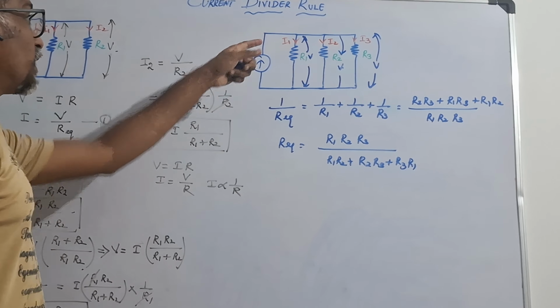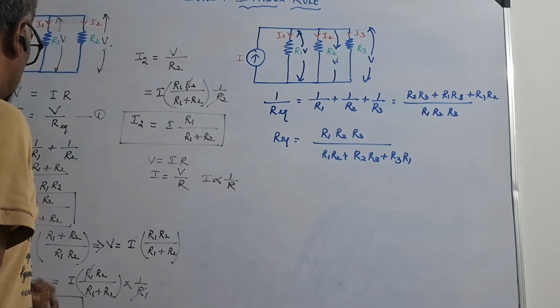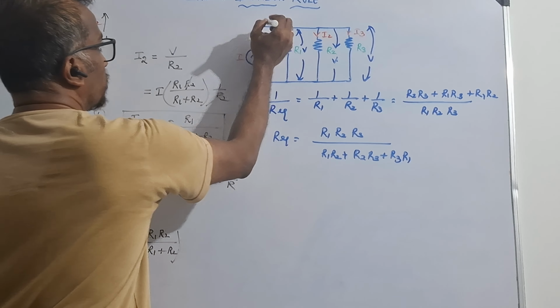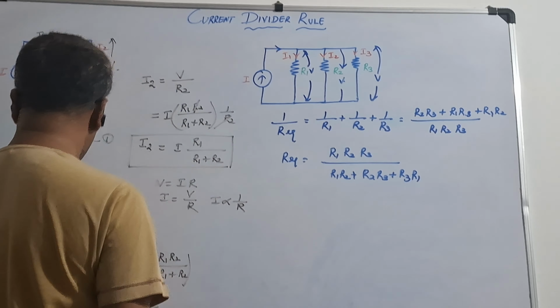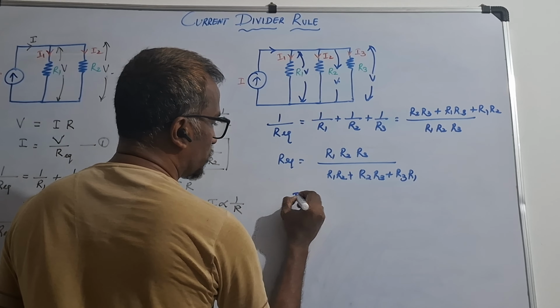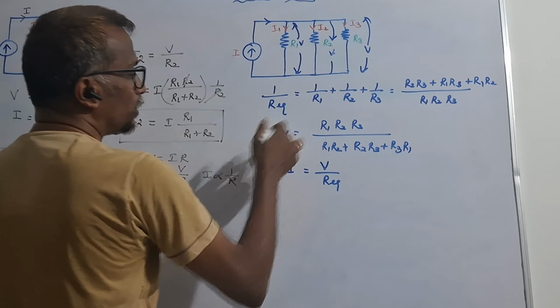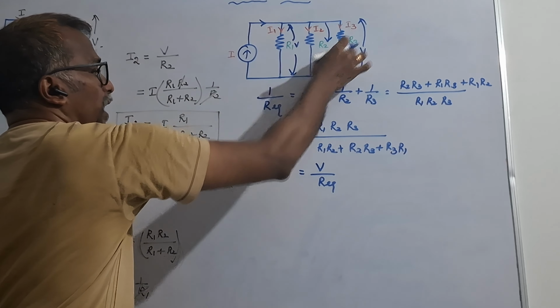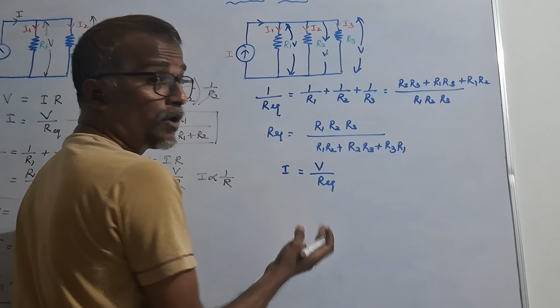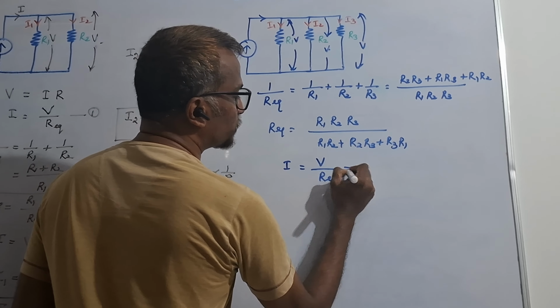Now we have to find out the value of the total current I. What is the total current? Total current I is equal to V by R equivalent. Already we know what R equivalent is, so we can substitute here.